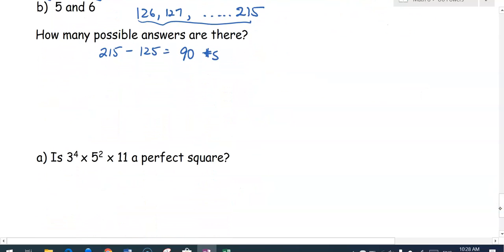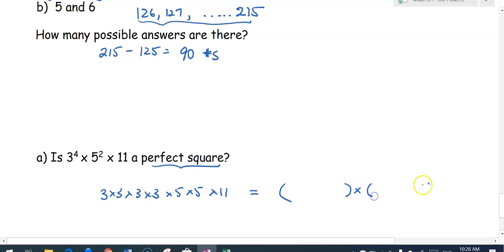How do I know, given the prime factorization of a number, 3 to the power 4, which means 3 times 3 times 3 times 3, times 5 to the power 2 times 11, is a perfect square? Well, you know a number is a perfect square if you can make two identical factors. So if you have a bunch of prime factors, if you can break them into two identical groups, then it is a perfect square.